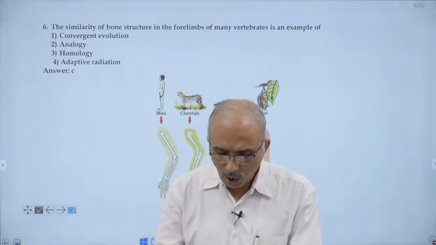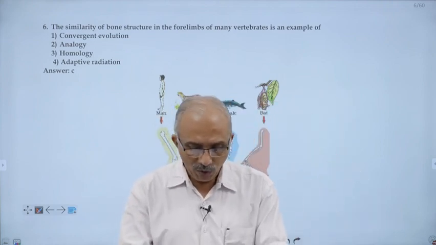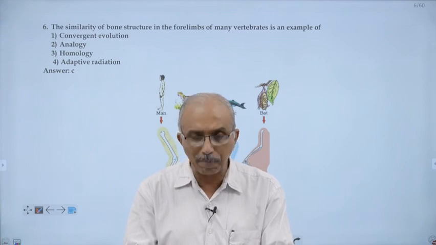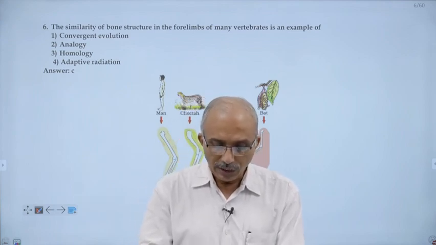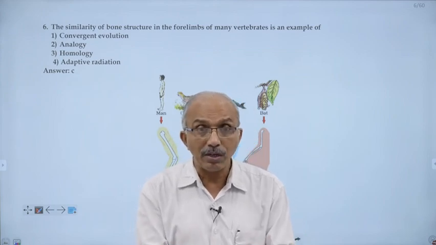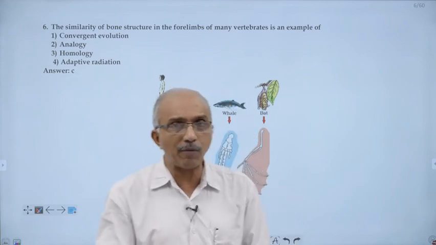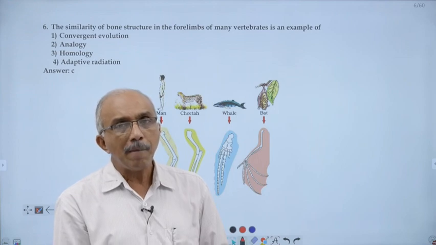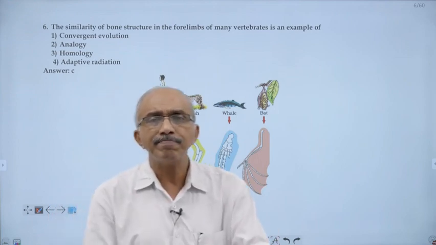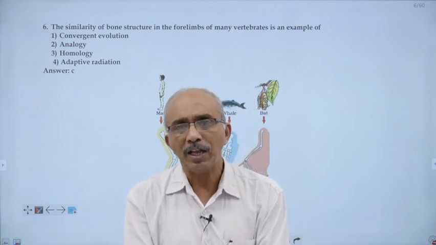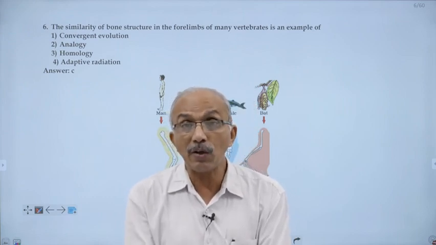Similarity of bone structure in forelimbs of many vertebrates is an example of similarity of bone structure in many vertebrates, but those organs perform different functions. Same structure, different function.